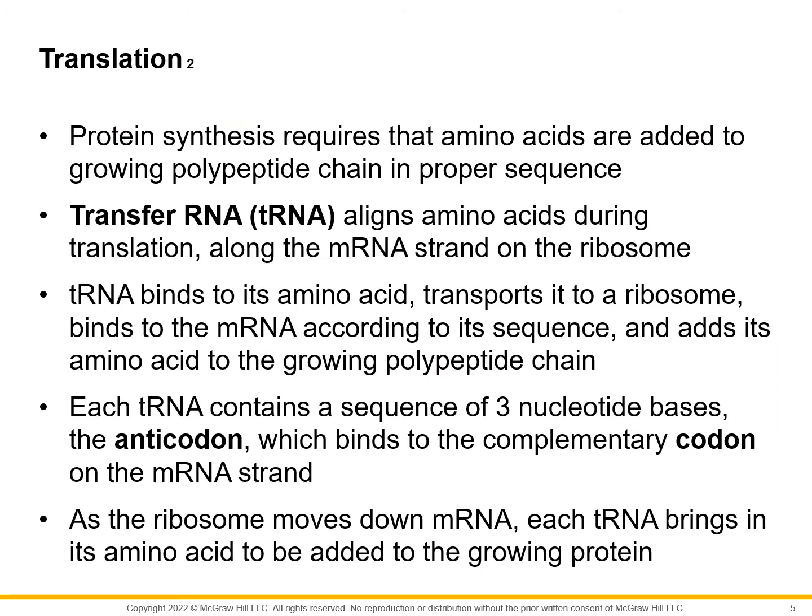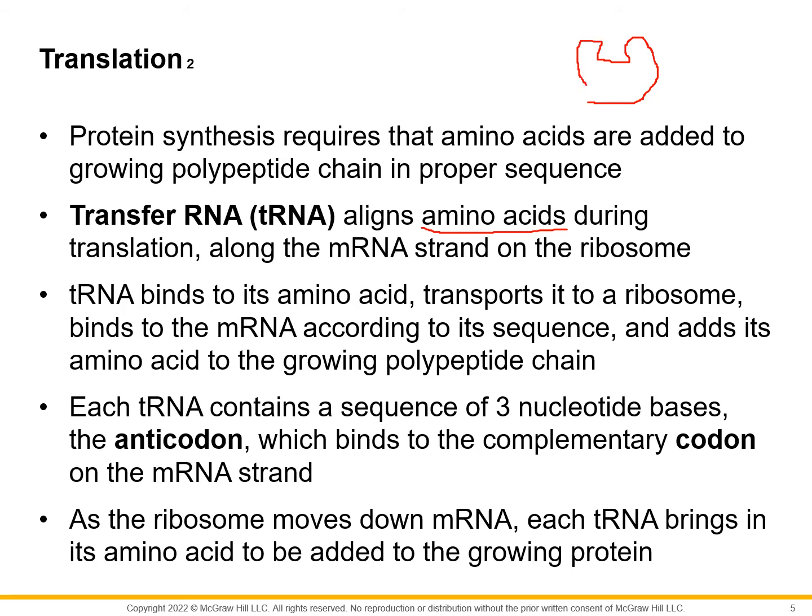Now, what happens here is as this messenger RNA is being pulled into the ribosome, there are going to be groups of 3 that sit into a little spot. If this is the ribosome, imagine that it has this little skylight.